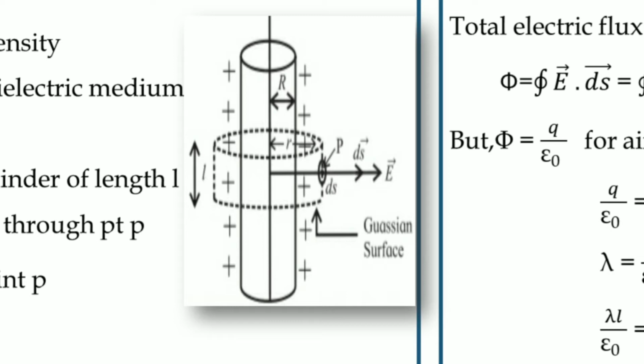The cylinder drawn in the figure with dotted lines is the Gaussian cylinder, because it is imaginary, and it has radius R, and L is the length of that cylinder. This point P, which we considered before, outside the infinitely long charged wire, is lying on this imaginary Gaussian cylinder.